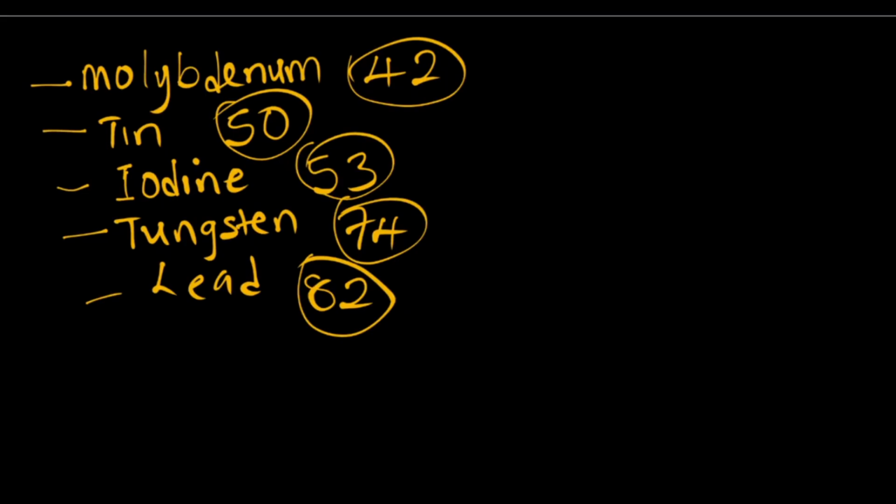These essential elements are generally grouped into two categories. As I've mentioned, we have about 30, including these having atomic numbers higher than that of selenium.